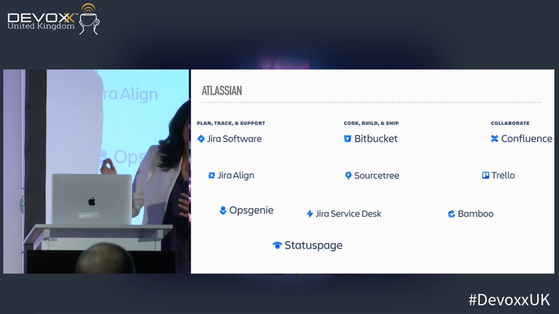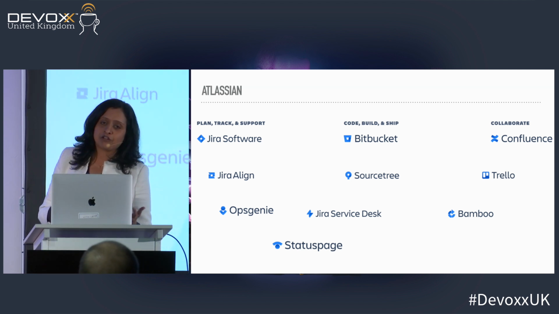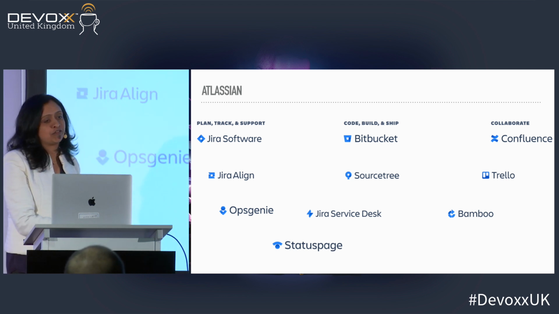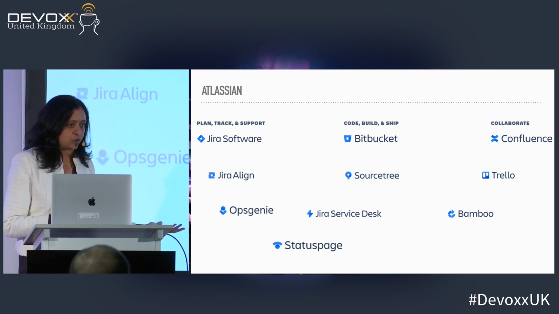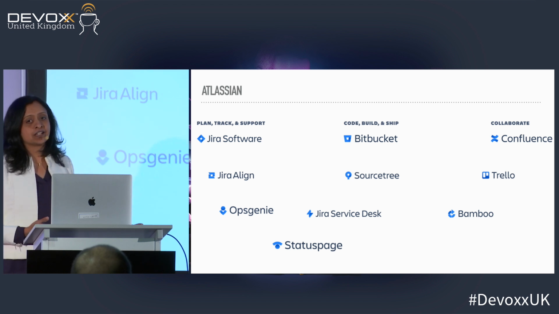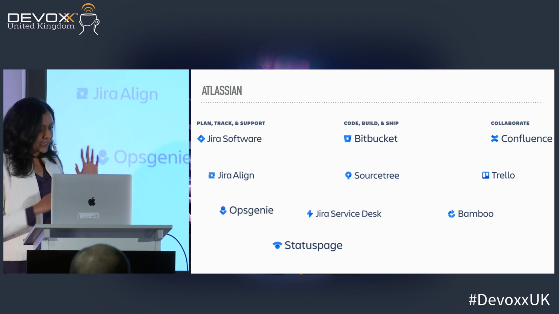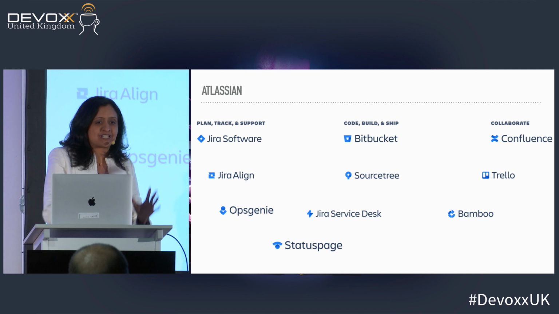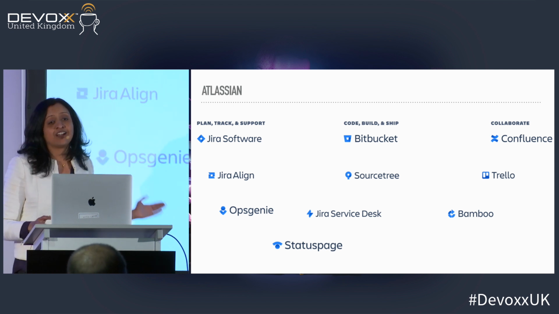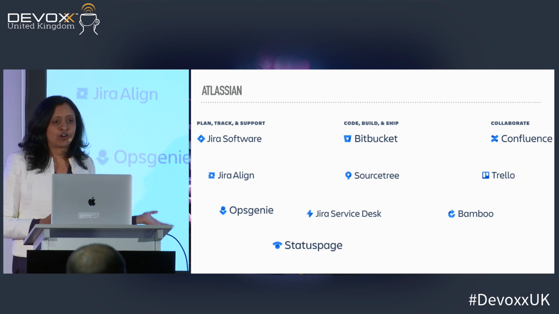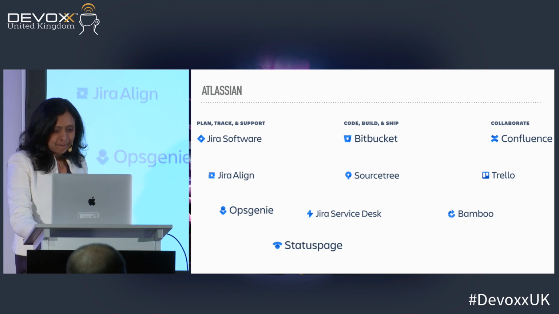These are old products which have multiple offerings. There is the on-prem server offering, and then there is the cloud offering also. This talk is mostly covering the cloud offering for Confluence. Apart from Jira and Confluence, which are the most known ones, there are a lot of other products and offerings which Atlassian offers.